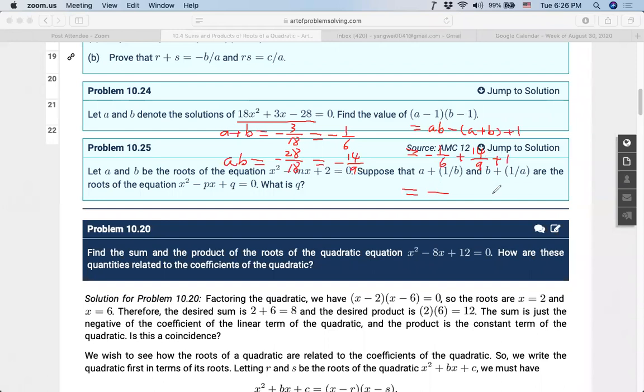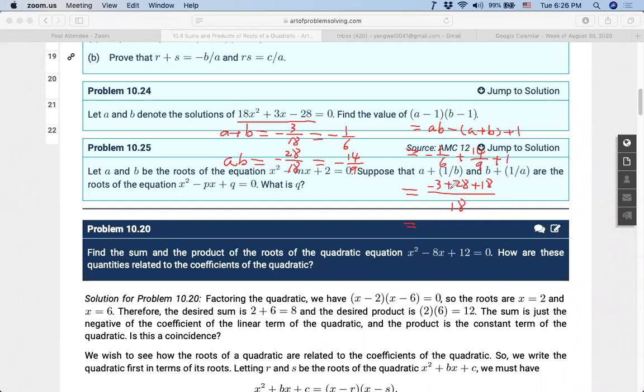So then the common denominator will be 18. This one is negative 3 plus 28 plus 18. So then we can get this one equals, let's see, A times B minus... okay, so this one's plus, this one also plus, yes.